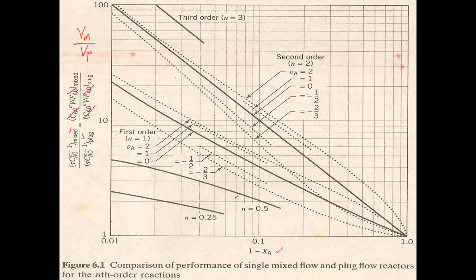So if the order of the reaction is 0.5 and the degree of conversion is 50%, so 1 minus 0.5 is 0.5. Now notice that this is 0.1. And you could count here 1, 2, 3, 4, 5, 6, 7, 8, 9, 10.